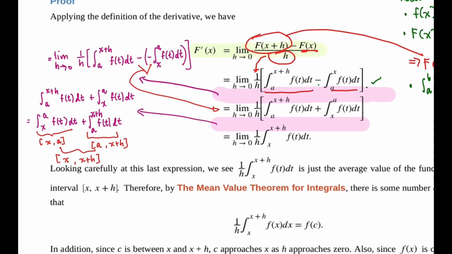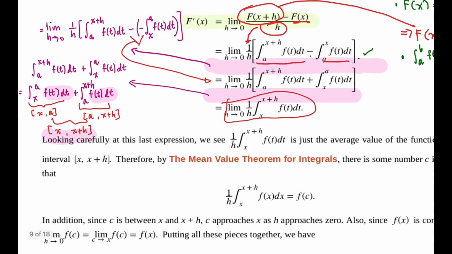And since we have the same argument, or integrand, f of t, we can say that this statement is just equal to the definite integral of f of t dt from x to x plus h. That's why we have this.